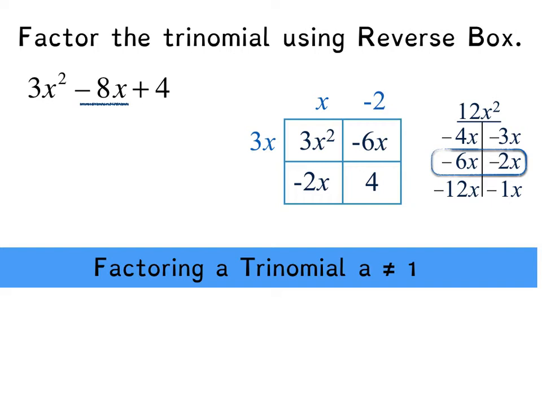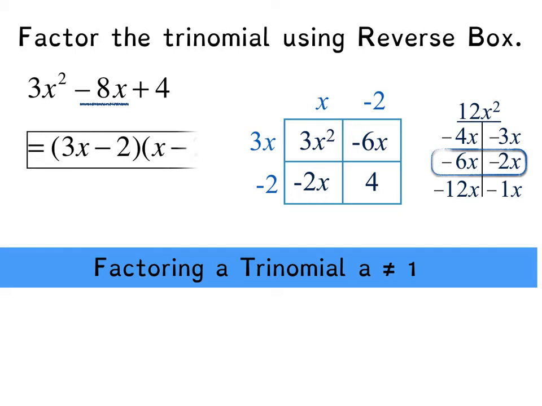Down the side, I will think x times what is negative 2x. I'll just make sure that the two numbers multiply together to equal the constant term. Negative 2 times negative 2 equals 4, and it works. So I'm going to represent my factored form as 3x minus 2 times x minus 2.